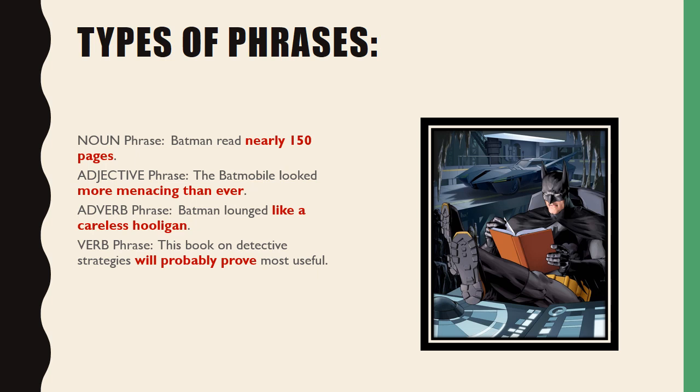Probably is an adverb, but together, all 3 of those words form a phrase that becomes the verb. So this book on detective strategies will probably prove. That's what the book is doing, right? Or will hopefully do, I suppose. But again, as with the others, "will probably prove" is not its own sentence, which is why it's a phrase.